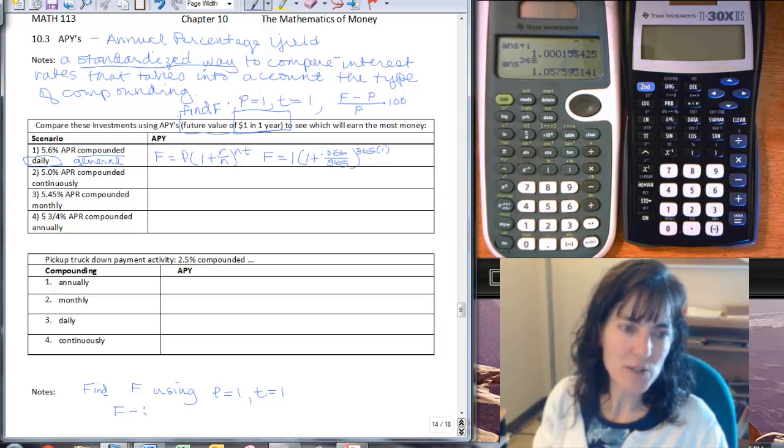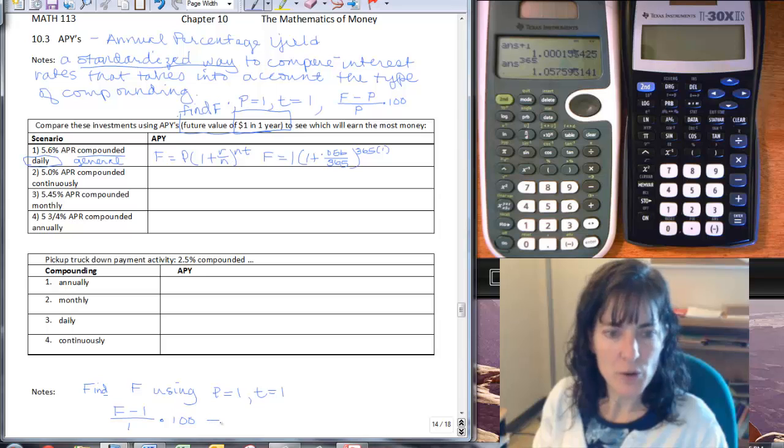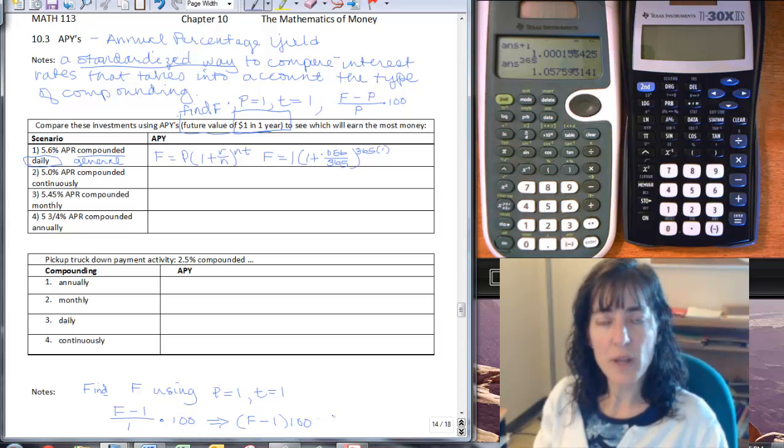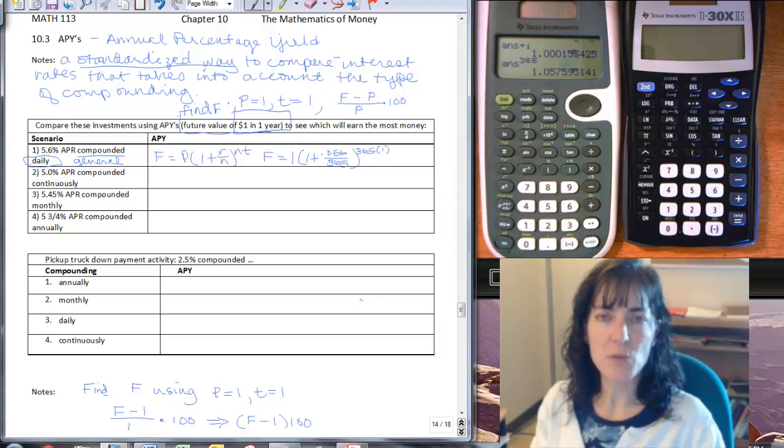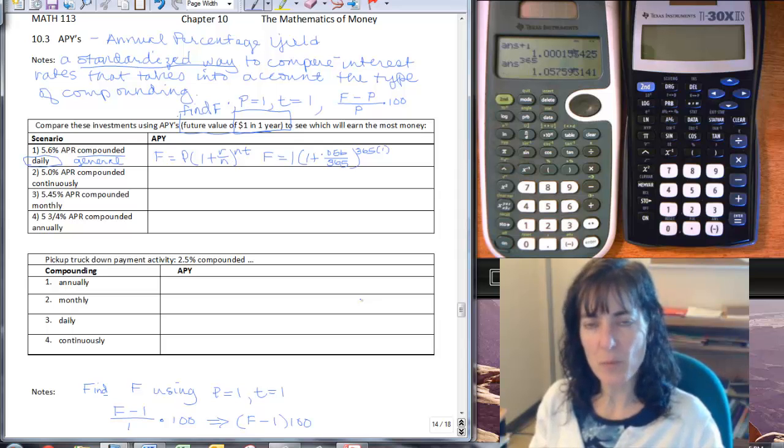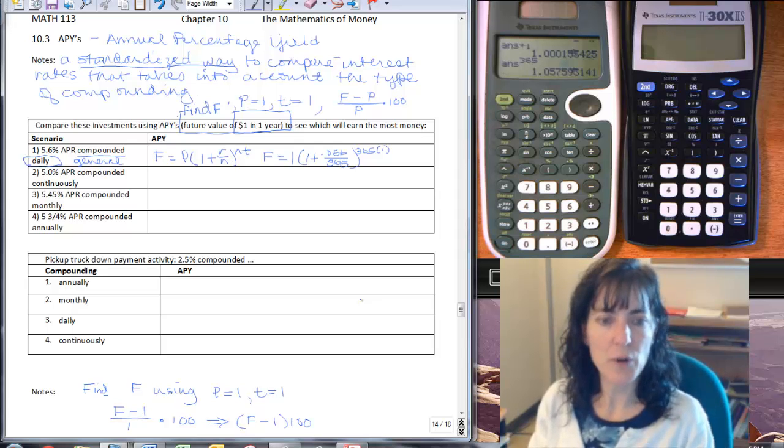So F minus 1 over 1 times 100. So it'll just be F minus 1 times 100. That's all we have to do because the P is going to be a 1 both times, and dividing by a 1 isn't going to change our value. So we could really write our formula like this, F minus 1 times 100.